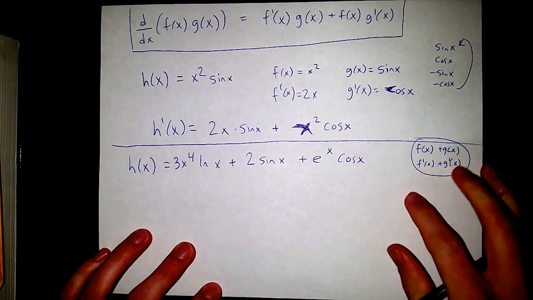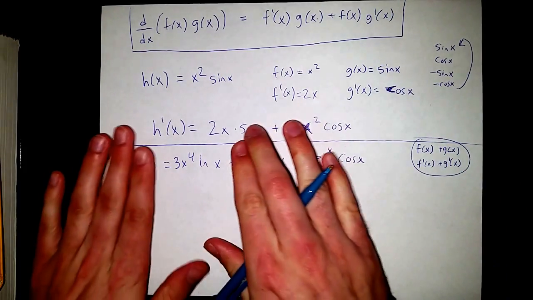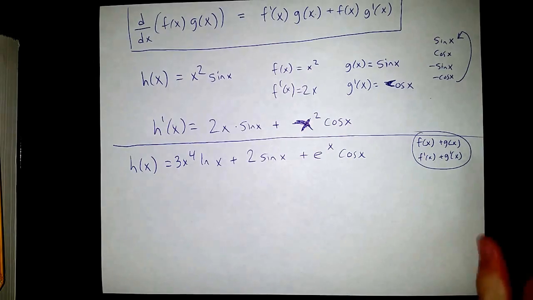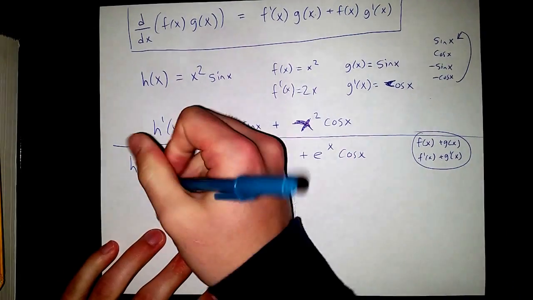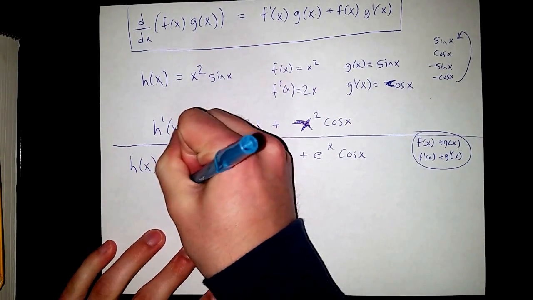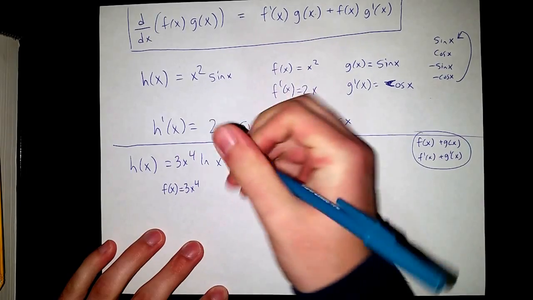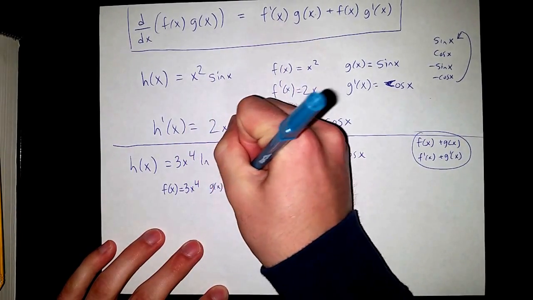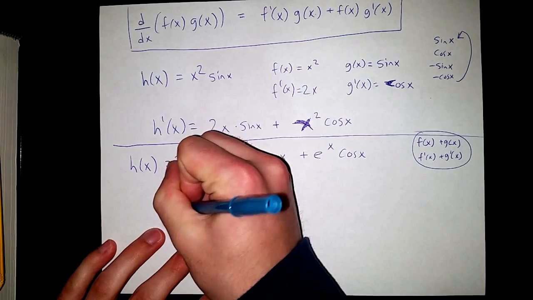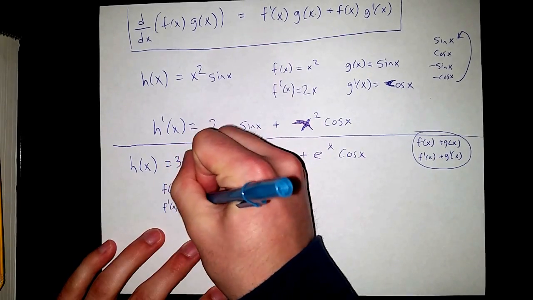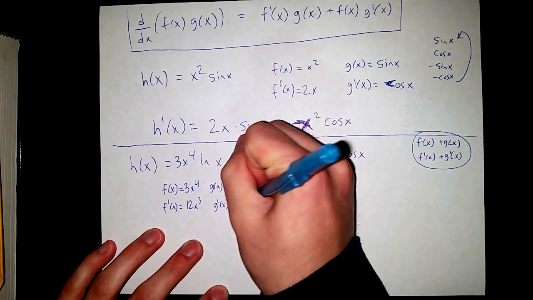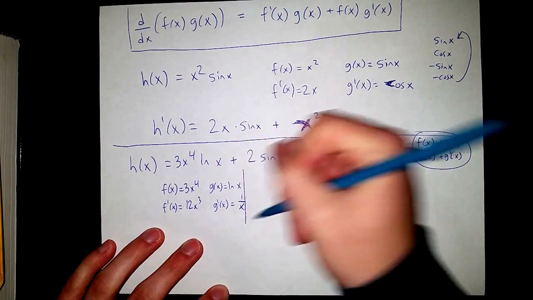So we can do this part and this part separately. For the first one, f of x equals 3x to the fourth, g of x equals the natural log of x. f prime of x equals 12x to the third, g prime of x equals 1 over x. So we did that part.